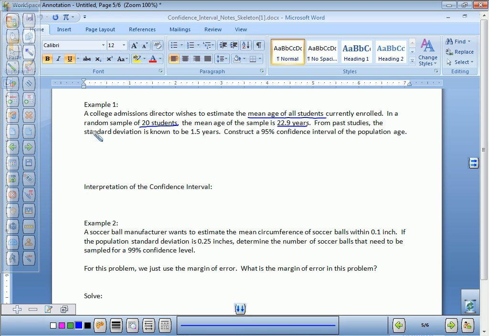From past studies, the standard deviation is 1.5 years. So we know that our sample size is 20, the mean of the sample is 22.9, and the standard deviation of the population is 1.5.